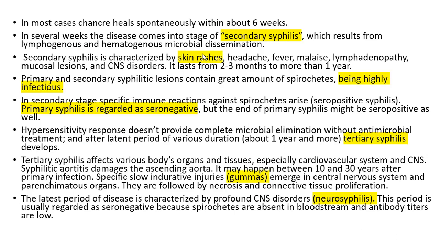It is important: in the secondary stage, a specific immune reaction against spirochetes arises, seropositive syphilis. Primary syphilis is seronegative, all serological reactions will be negative, and in the second stage, serological reactions will be positive.